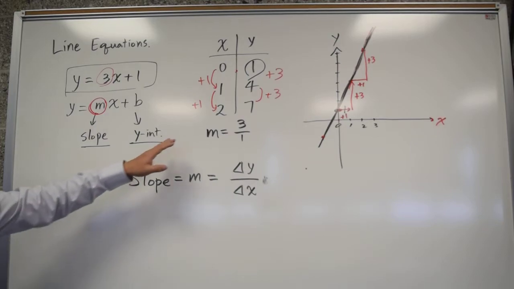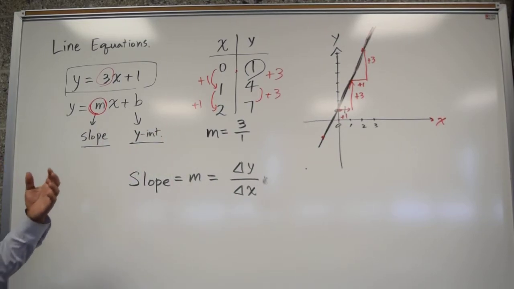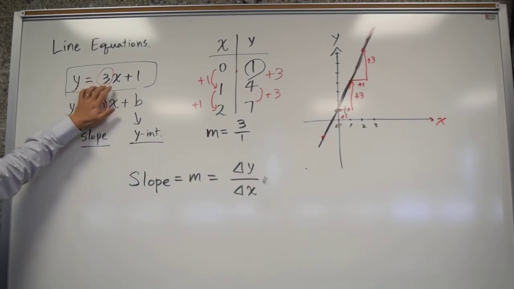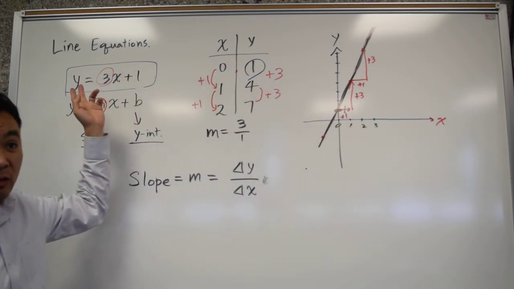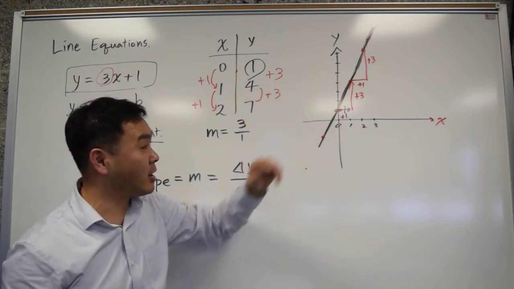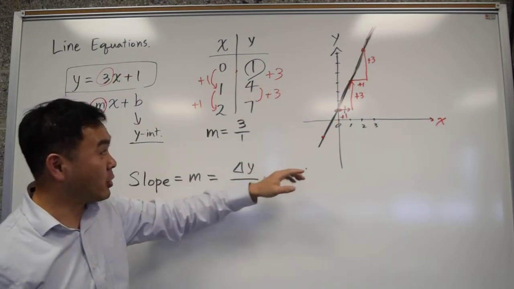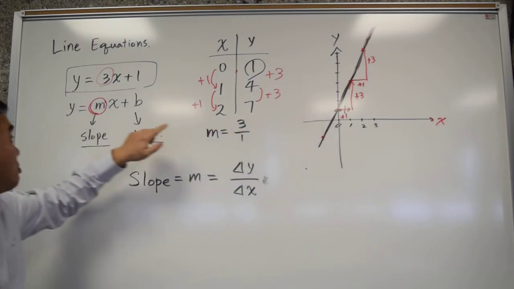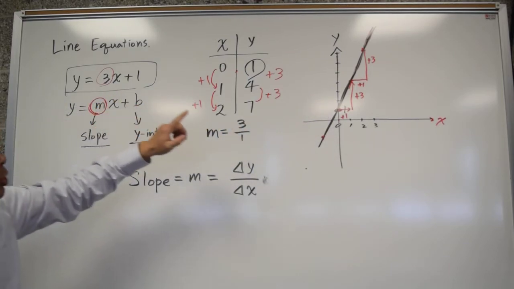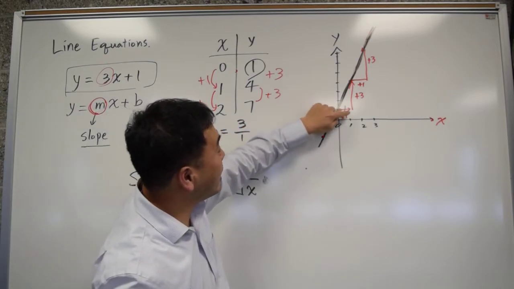And the reason I say this is because not only do you have to be able to go from the equation to the graph, you should also be able to go from the graph to the equation. When you see a graph like this, you should be able to do the following. First, read off the y-intercept. Okay, 1. That means b must be 1, right? And also, look at how y is increasing.